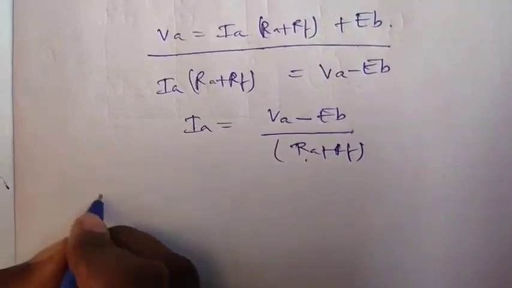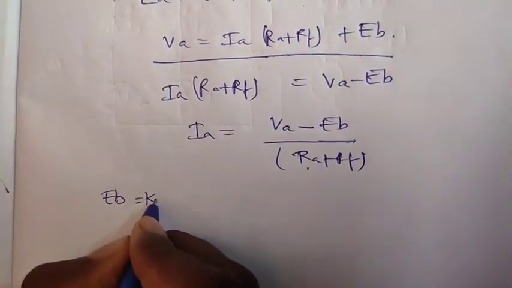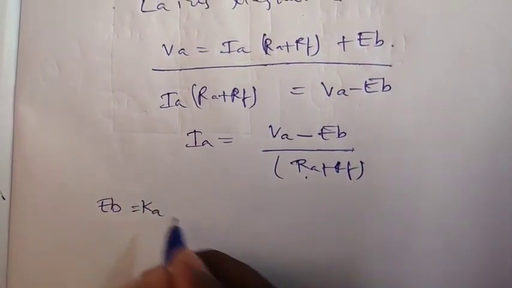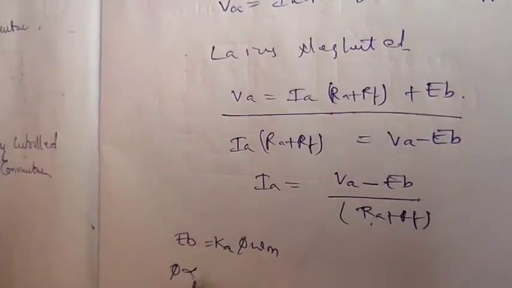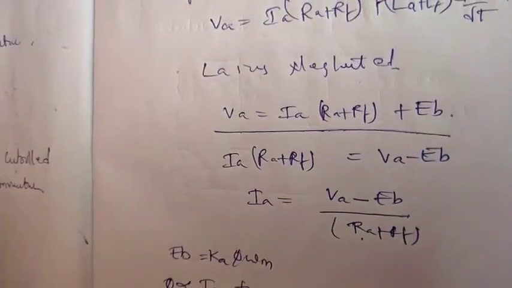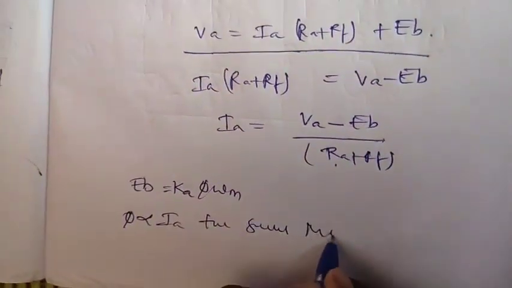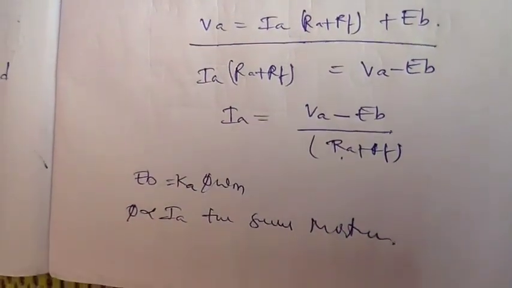The back EMF general equation is some constant Ka, or Kt, whatever they may mention, into phi into omega m. Phi is directly proportional to IA for a series motor.